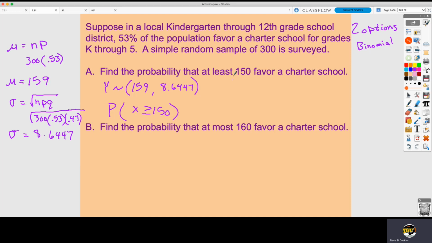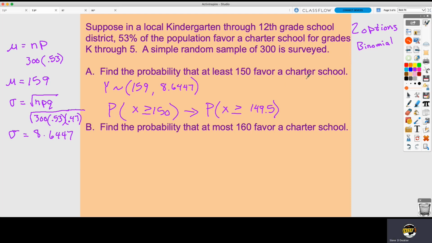For some of your calculators where it's already included, you know how to deal with it. But for this, we're going to have to change this into X is greater than 149.5. The reason it's 0.5 is that would round up to the 150. If we just did a 149, that's completely separate. So this would have to be a normal CDF.